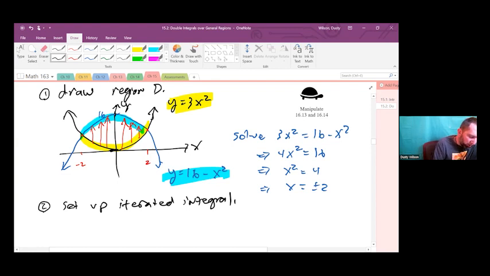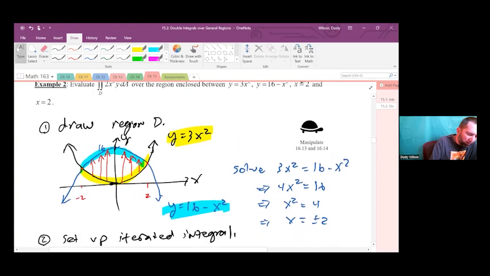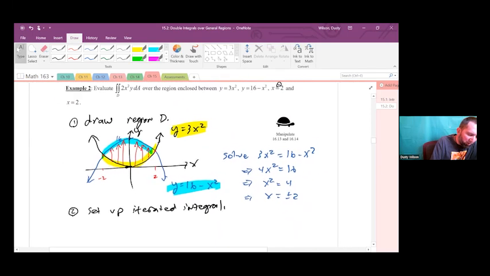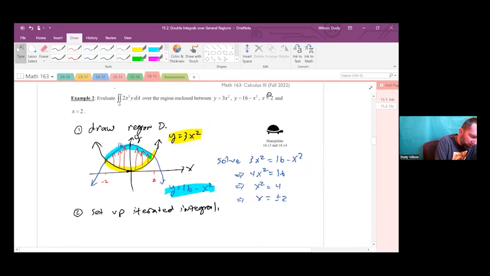Set up the iterated integral. So that double integral, let's give it a name. Let's call it I for integral. So we're saying that I, our integral, is going to be a double integral.